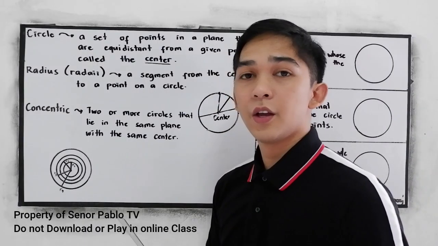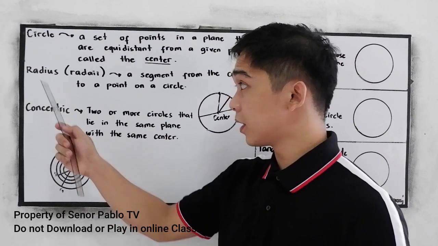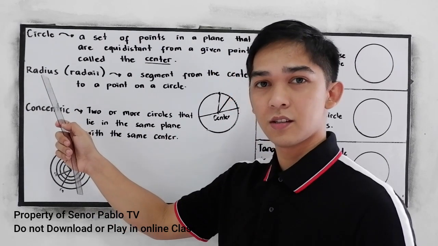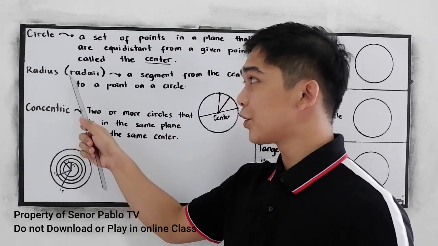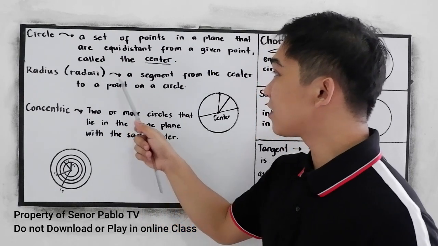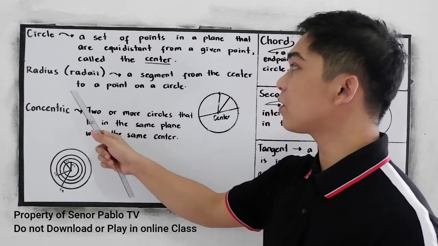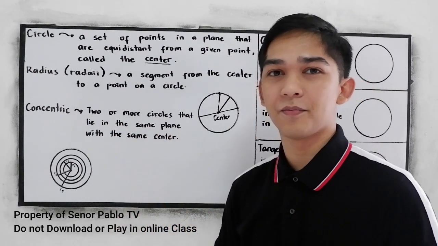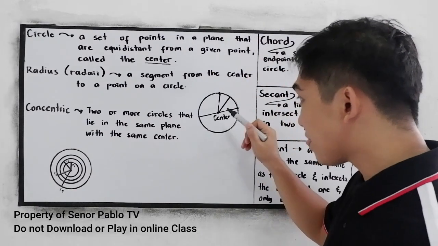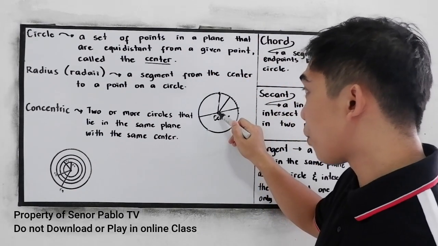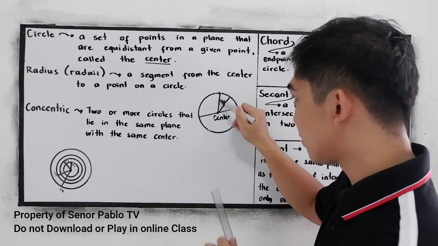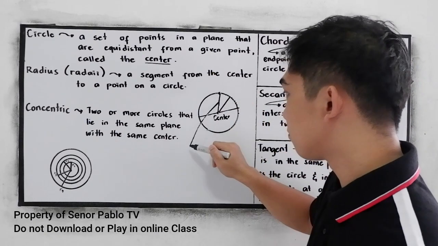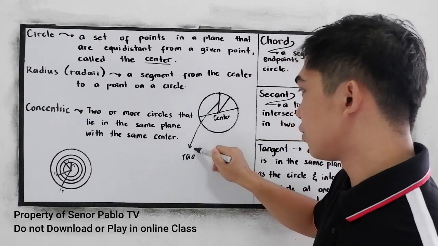You will also encounter the word radius. Its plural form is radii. It is a segment from the center to a point on a circle. So from the center to a point on a circle, that is what we call the radius.